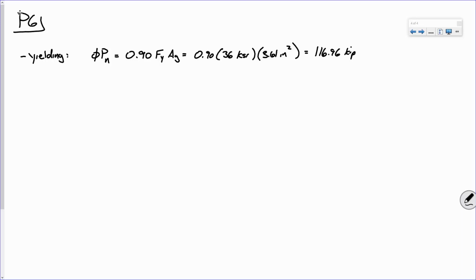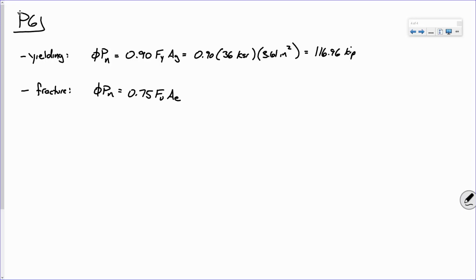Okay. Now, for fracture, the design capacity is 0.75 times Fu times Ae.